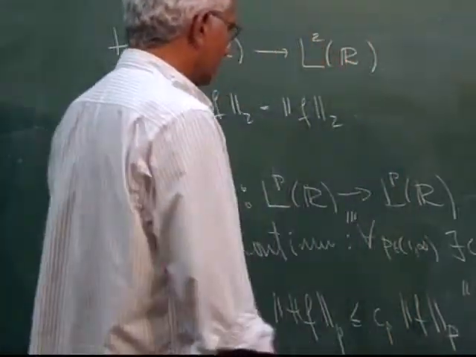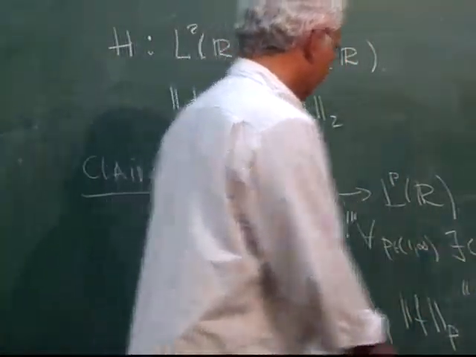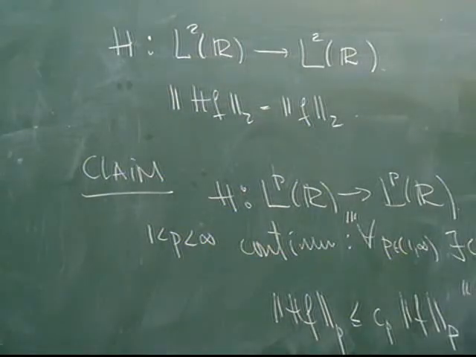And this constant C_p goes to infinity as p goes to 1 or p goes to infinity in a very precise way, but we don't get into that. Let's try to prove this.